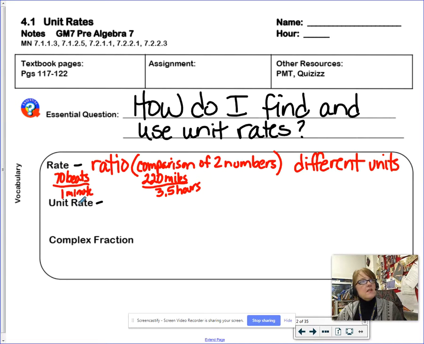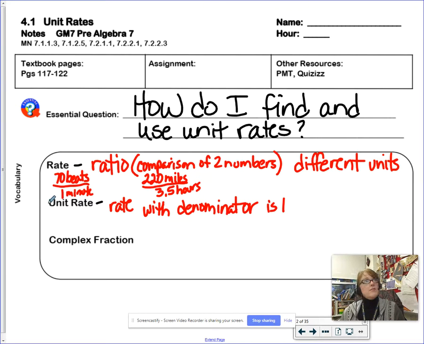A unit rate is simply a rate that has a denominator of 1. So a rate with denominator equal to 1. It's a long word, where the denominator is 1. So for example, this one right here, 70 beats per 1 minute, okay?